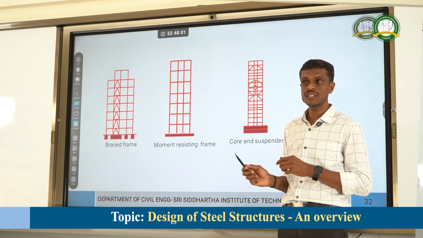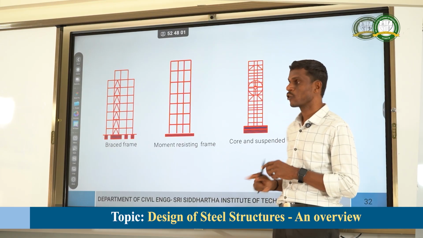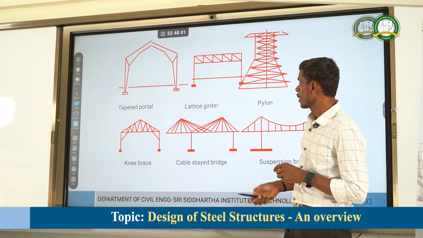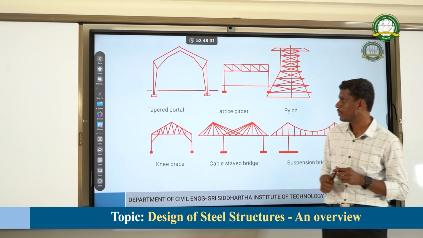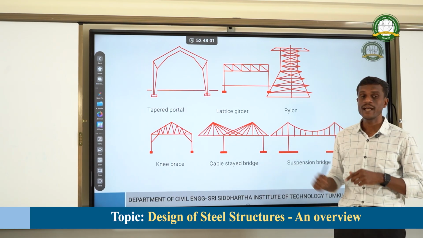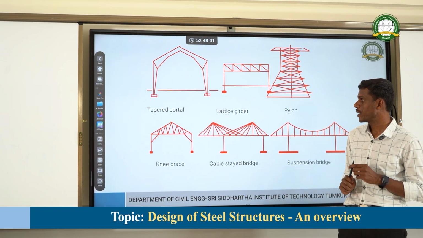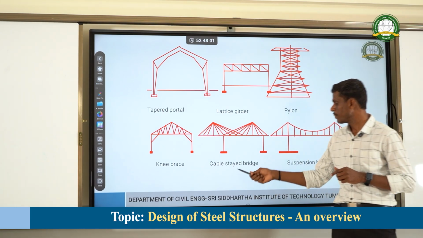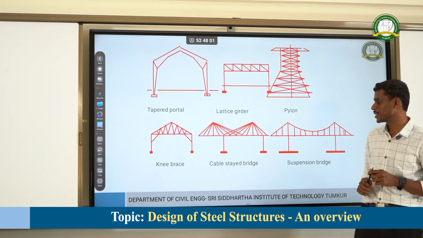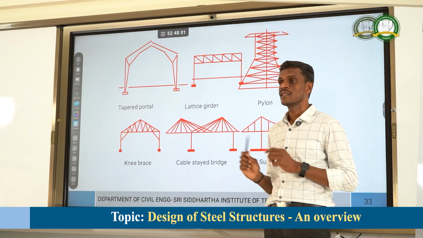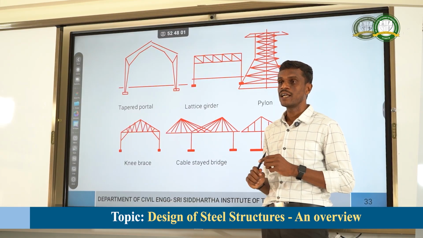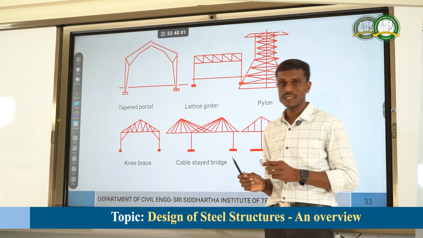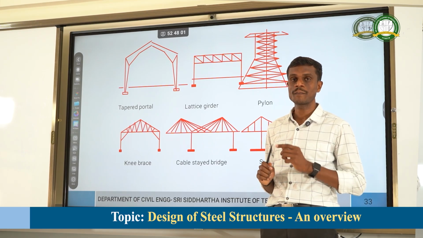So both the combinations we can come across, and hence they are going to be designed. So this is the gable frame. So here we are going to provide lattice, that is tapered portal frame, lattice girder, pylon and knee bracing, cable stay bridges and suspension bridges. So these are all the major steel structures where we are going to use different types of materials. It might be I section, channel section or braced section.